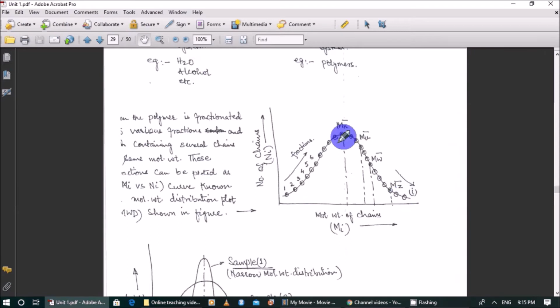So this is a dome-shaped curve where the maximum number of chains is at the peak of this curve. If we plot the number average molecular weight, we'll find that the number average molecular weight of the polymer is just at the maxima of this curve, followed by Mv bar, the viscosity average molecular weight.